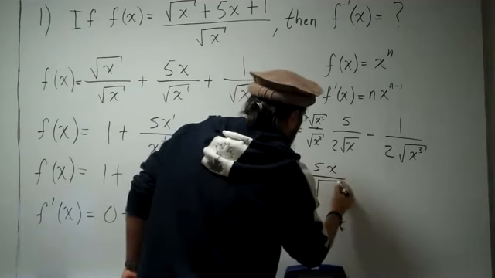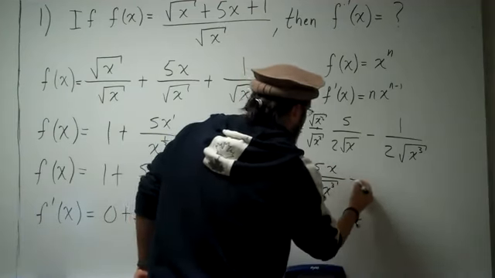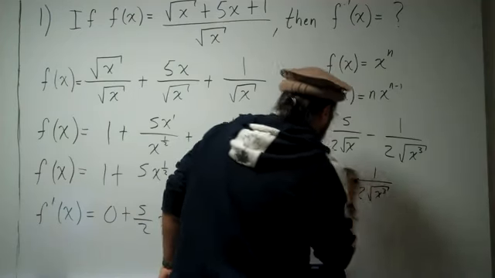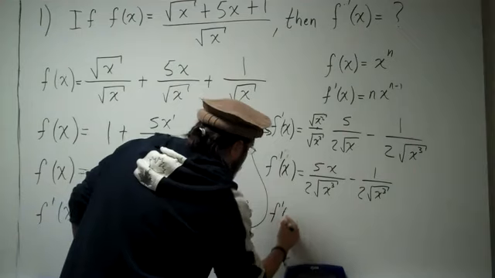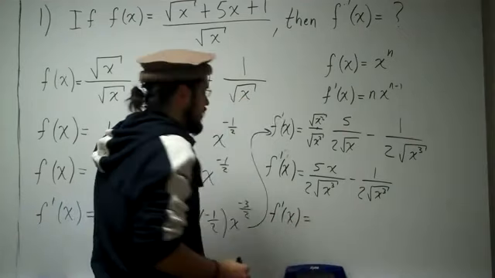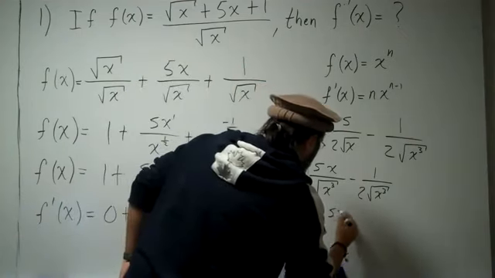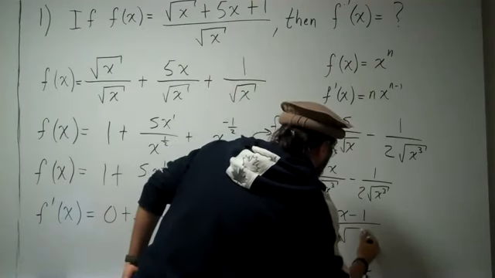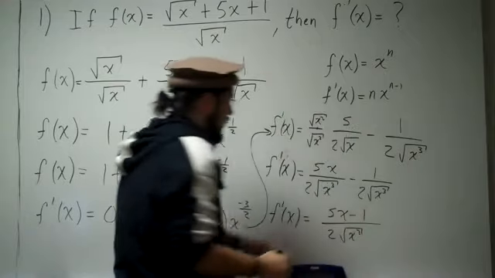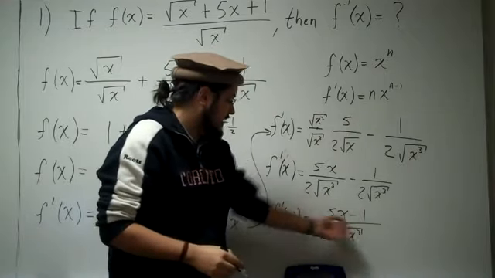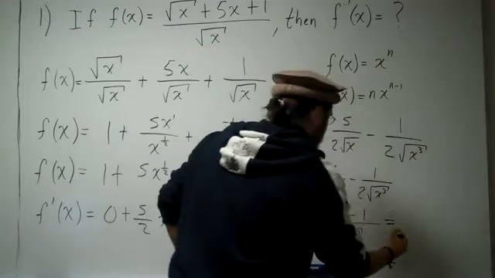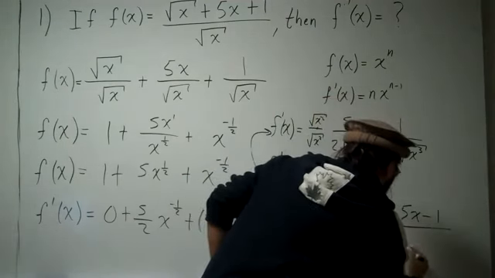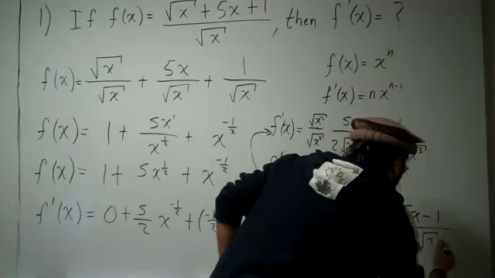Here I get 2 x cubed minus 1 over 2 square root of x cubed. F prime of x is now 5x minus 1, just subtract the top, divided by 2x cubed. And now I can take an x out, and my final answer is going to be 2x square root of x.